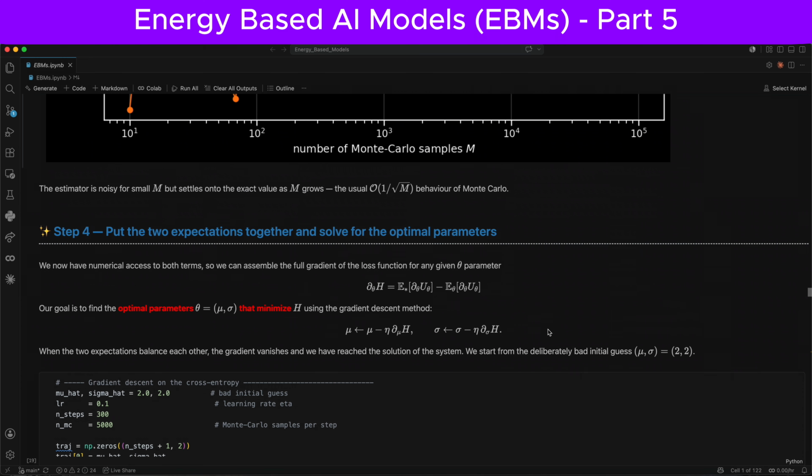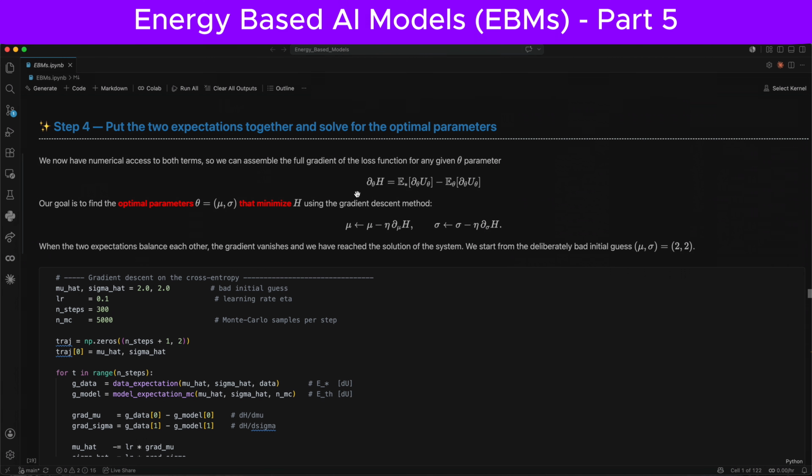And now, step 4. We put the two expectations together and solve for the optimal theta. We now have numerical access to both terms, so we can assemble the full gradient of the loss function for any given theta parameter. Our goal is to find the optimal parameters that minimize the cross-entropy using the gradient descent method.